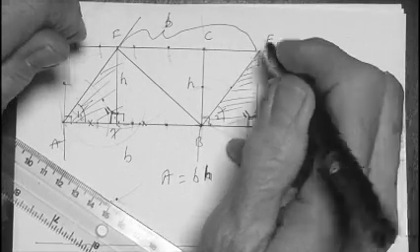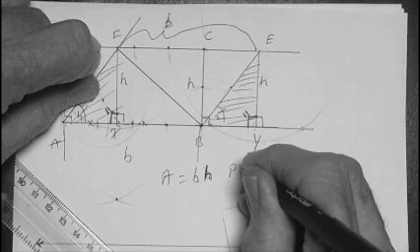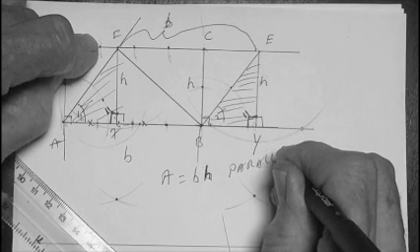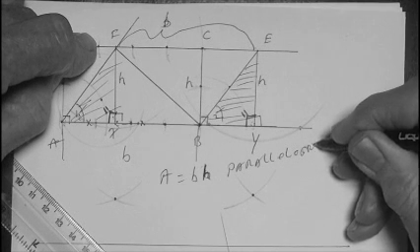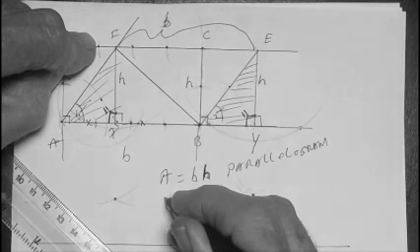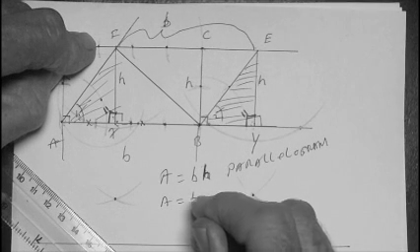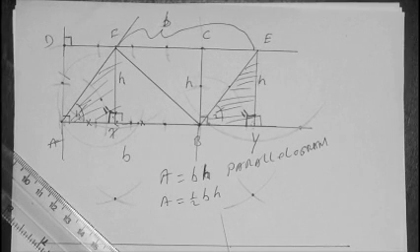And that triangle would be half the parallelogram. So this is the area of the parallelogram. And the triangle then is half of that. So the area of the triangle is equal to 1/2 its base times its height. And that's interesting. It's very useful.